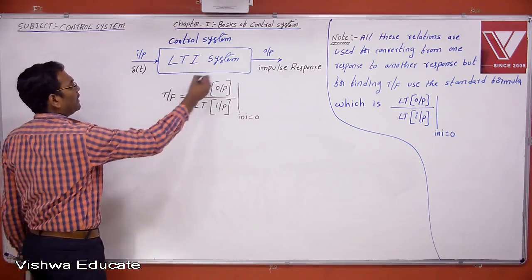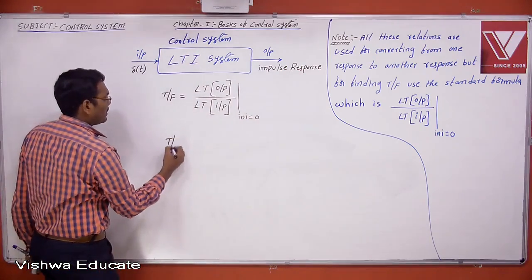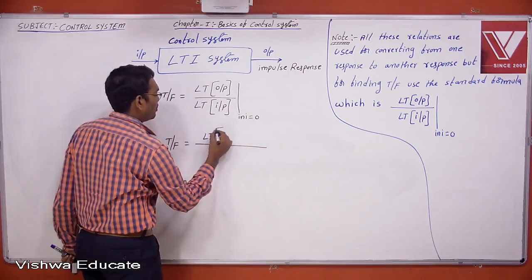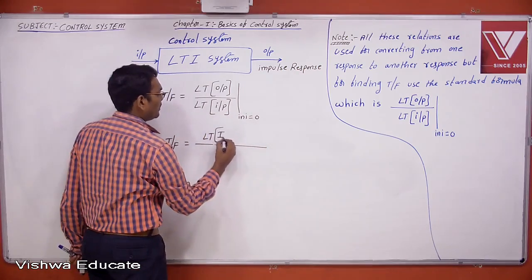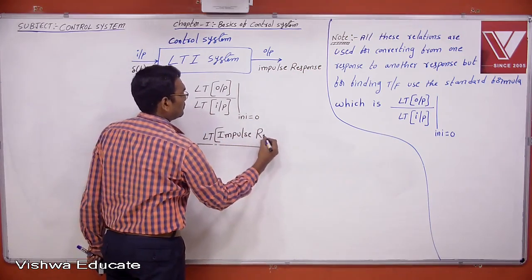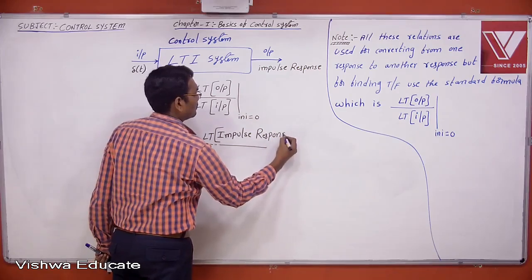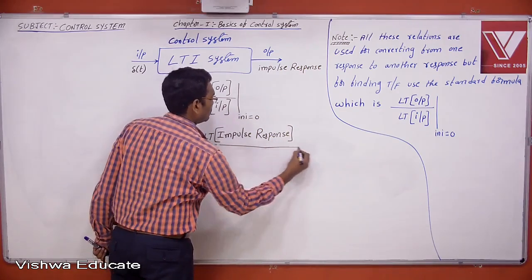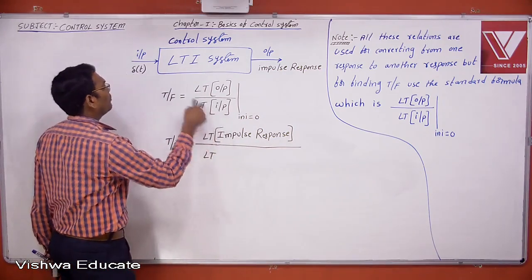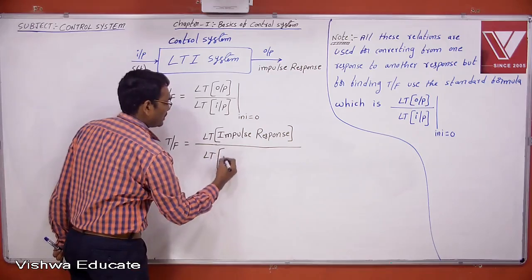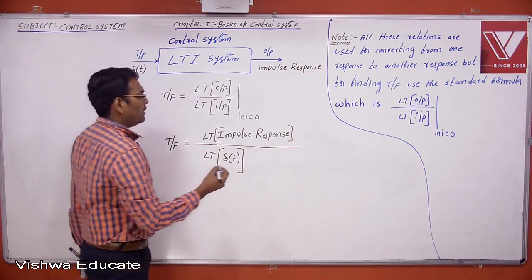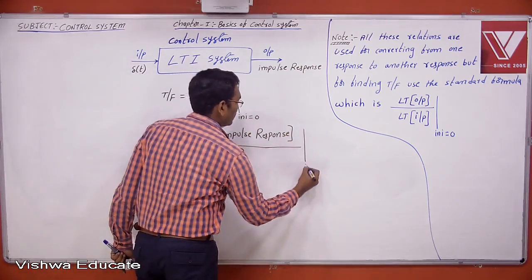Therefore, for a linear time invariant system, what is the definition? The transfer function is the Laplace transformation of output. What is output? Output is nothing but the impulse response. Now, Laplace transformation of input. What is input? The input is the impulse input, with all initial conditions equal to 0.